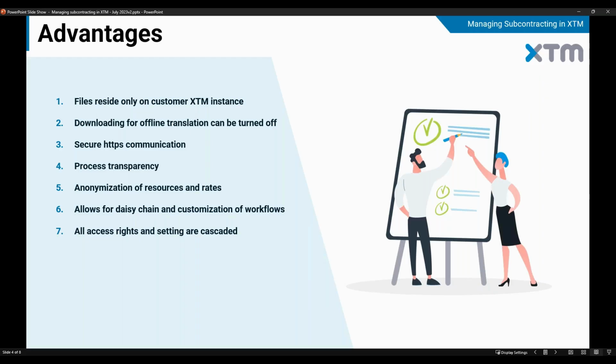Allows for daisy chain and customization of workflows. This means the contractor can allocate the jobs to more than one LSP, and we have the ability to daisy chain. So we can allocate a task to LSP1, which is a multilingual vendor, and this particular multilingual vendor will outsource it to a single language vendor. That is, we are subcontracting to LSP1, and then they can allocate the job to another vendor, either a translation company or freelancer.